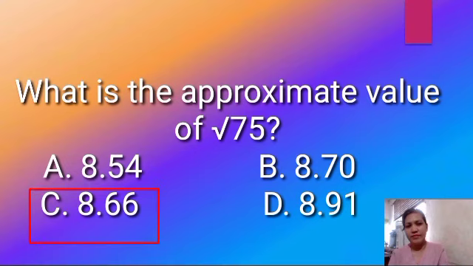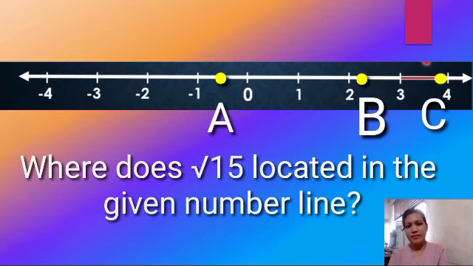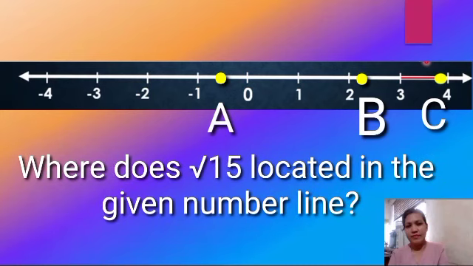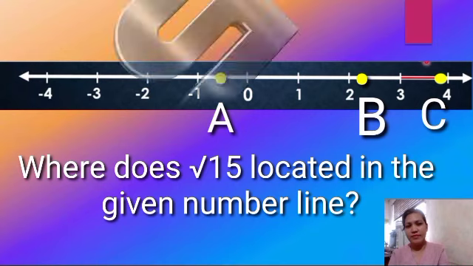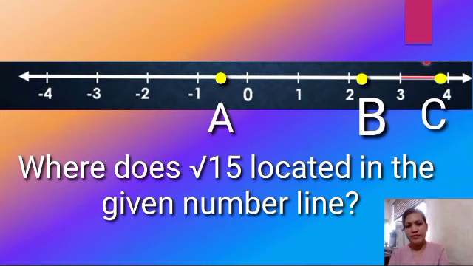Correct answer is C, 8.66. Next, where does square root of 15 located in the given number line? Correct answer is point C.